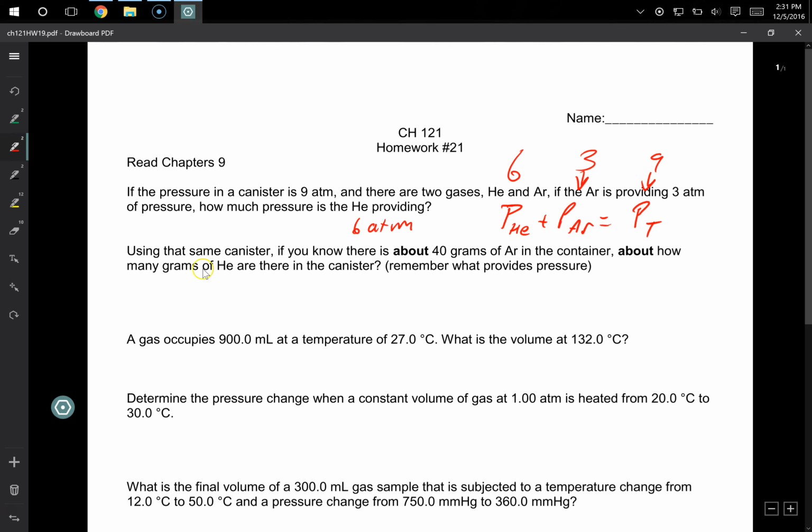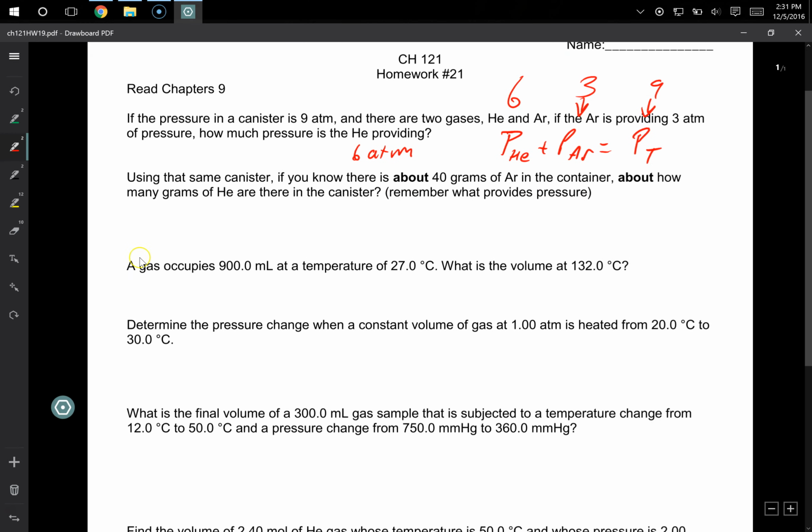Talking about the same canister, I've got 40 grams of argon. I want to know how many grams of helium there are. Is it 80? What's providing the pressure?